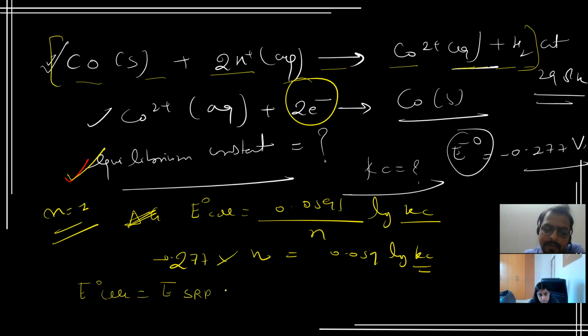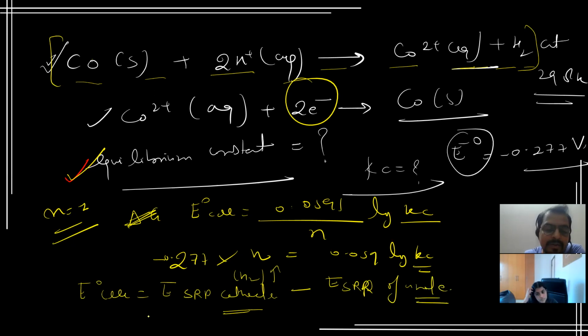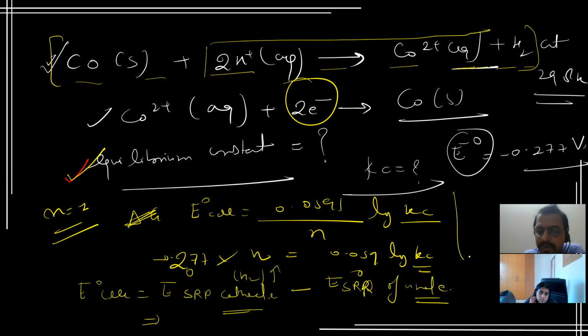E naught cell will be the SRP of the cathode, that is hydrogen, hydrogen will be released at the cathode, minus the SRP of the anode. Hydrogen is a reference electrode. This is called the SHE, standard hydrogen electrode, which is by default 0.